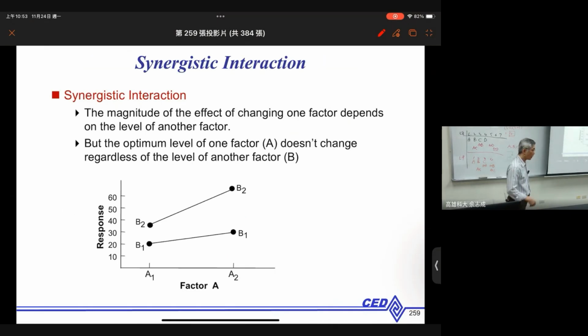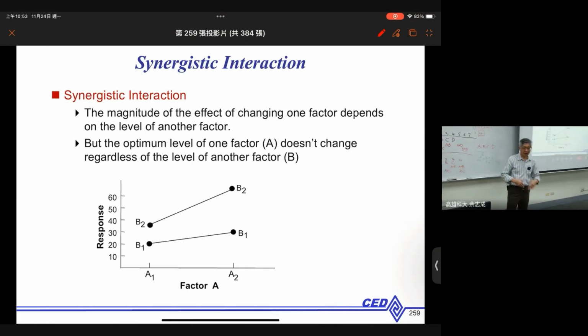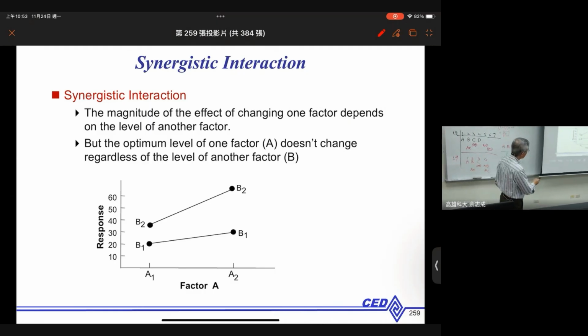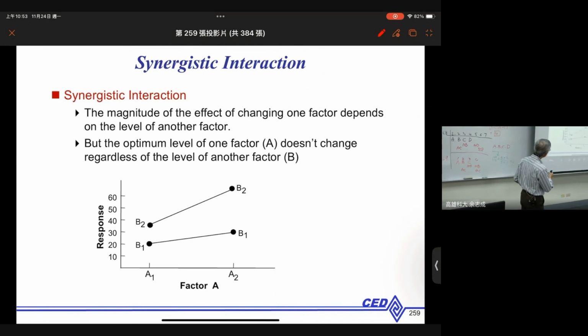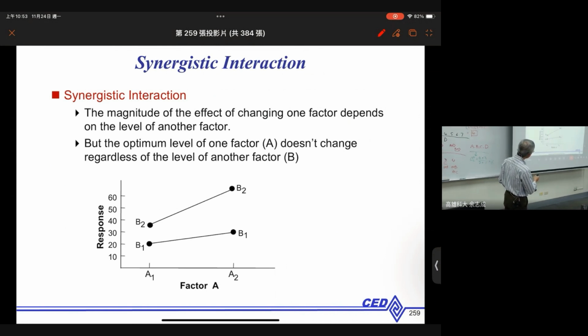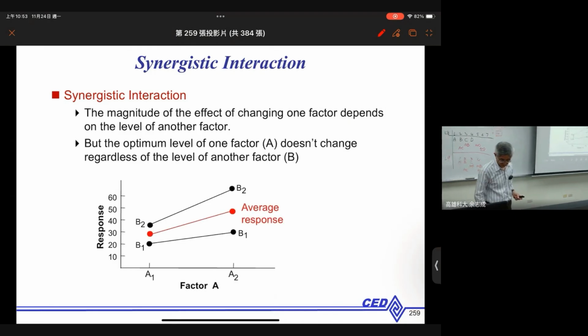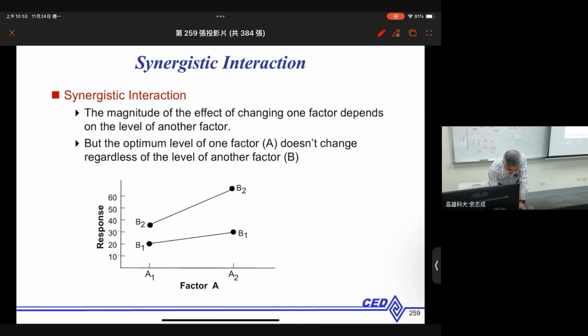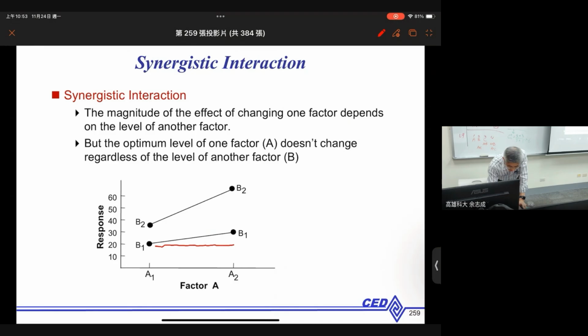And let's look at what the inference will be if you have interaction. This is called synergistic interaction. You can see they are not parallel because the differences are different. The difference from A1 to A2, in this case, is this much, delta.